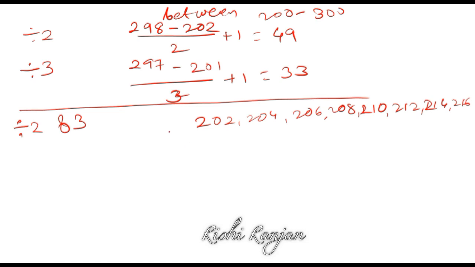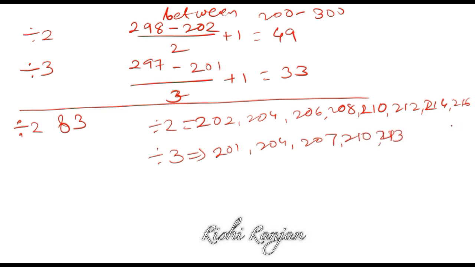Numbers divisible by 3: 201, 204, 207, 210, 213, 216, 219, and so on.